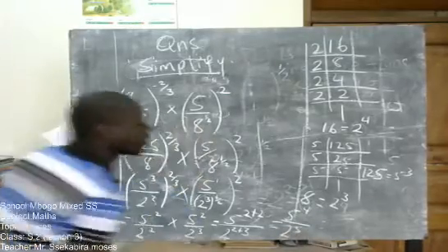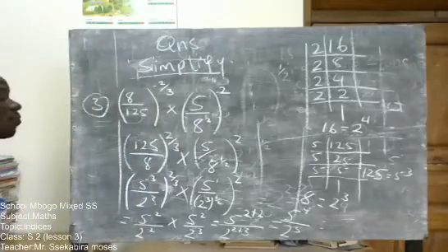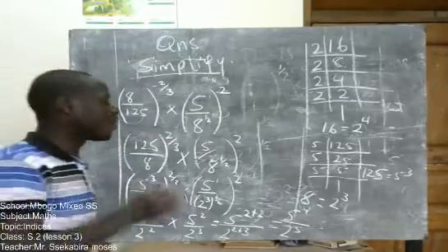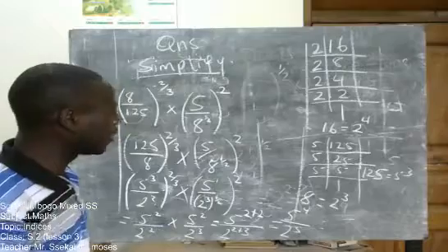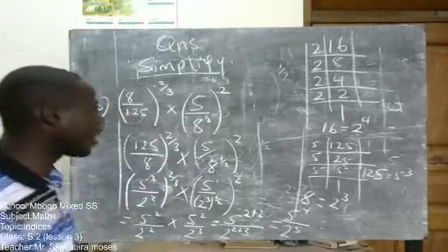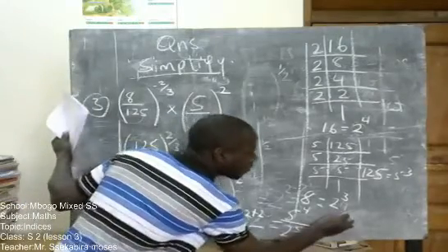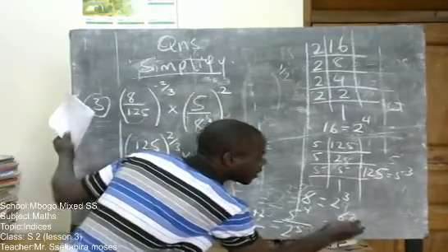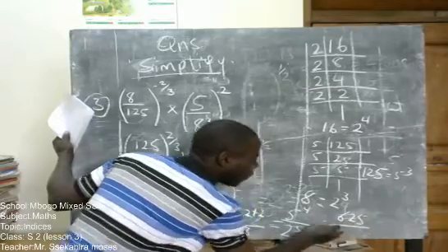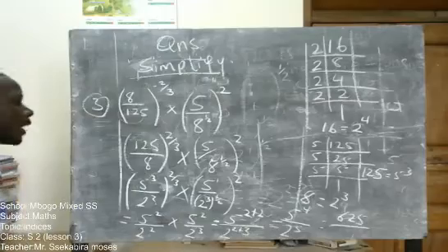This one can be simplified. 5 to power 4 means multiply 5 4 times: 5 times 5, 25 times 5, 125 times 5, you get 625. So our numerator is going to become 625 over. Here multiply 2, how many times?